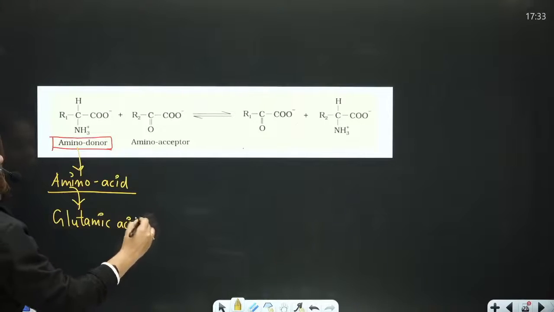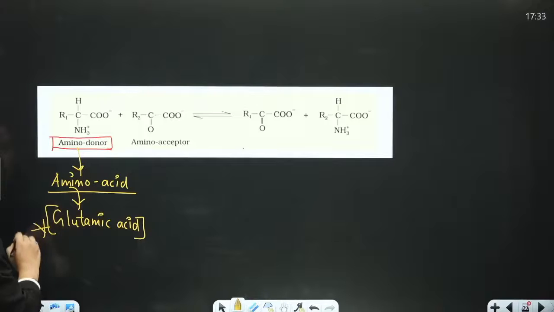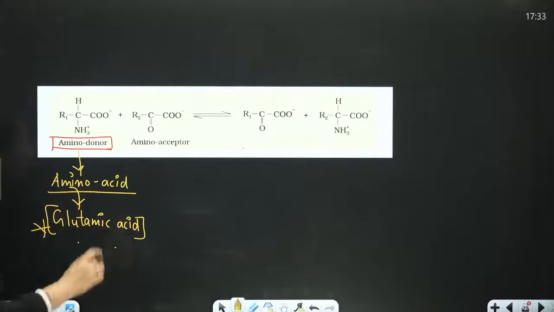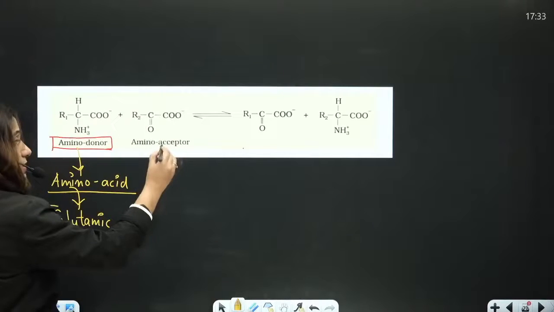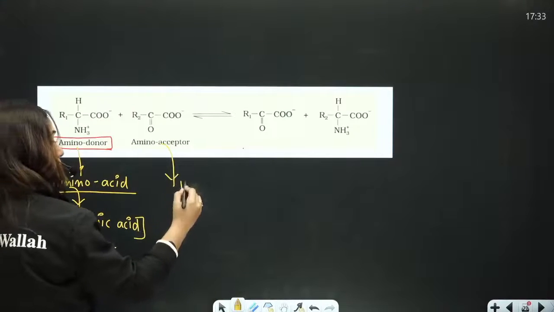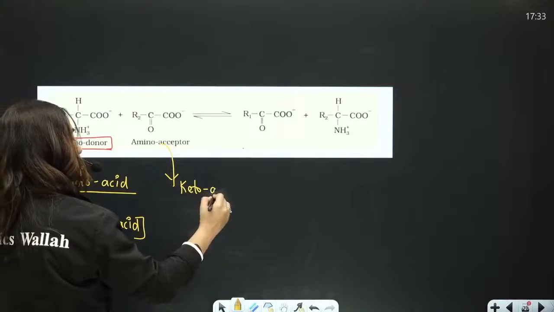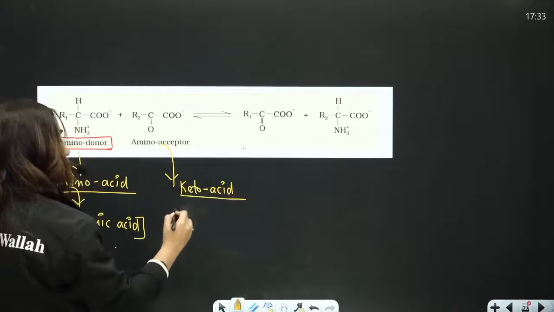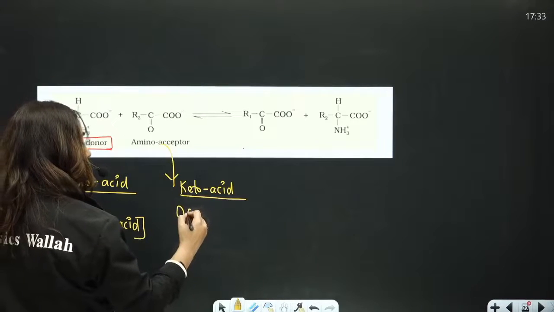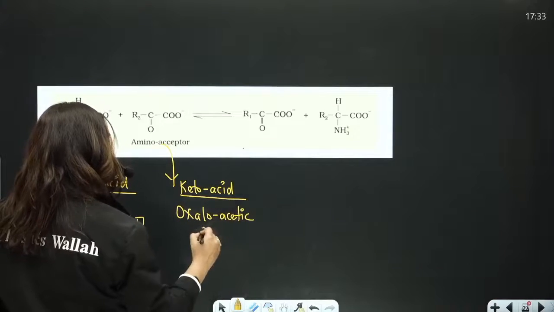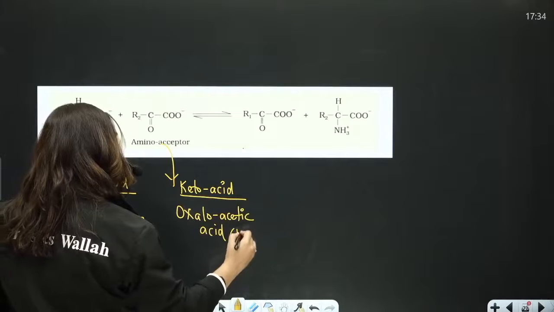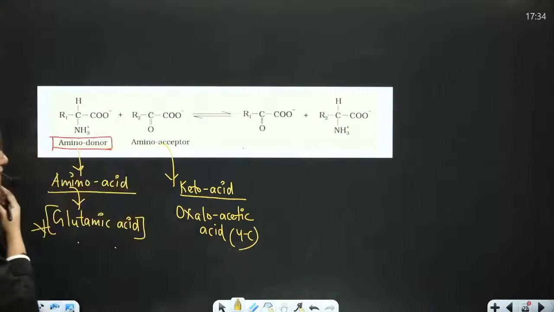I have just told you that glutamic acid is the primary amino acid of the plant, because with the help of this amino acid, I will make different kinds of amino acids in the plant. This is the keto acid, which will accept the amine group. And this is oxaloacetic acid, which is a 4-carbon keto acid.